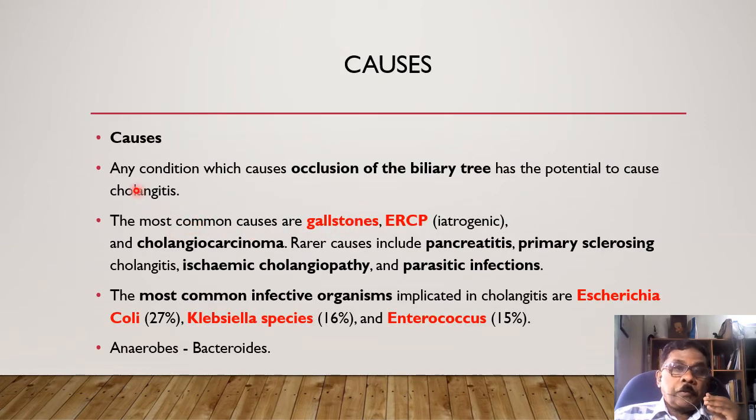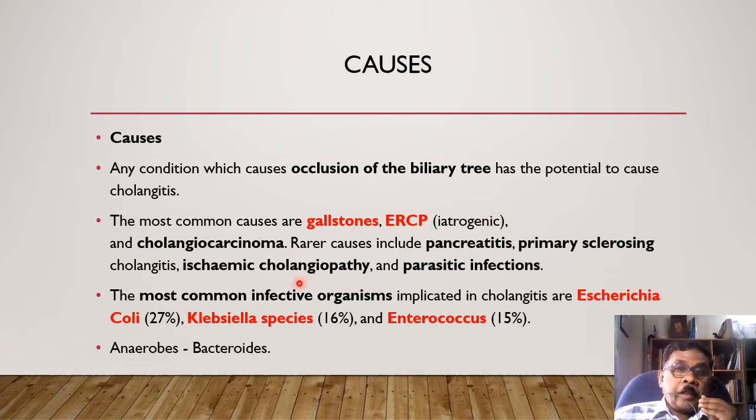The causes of cholangitis: any condition which causes occlusion or obstruction of the biliary tree has the potential to cause cholangitis. However, the most common causes are gallstones and ERCP, which is iatrogenic.